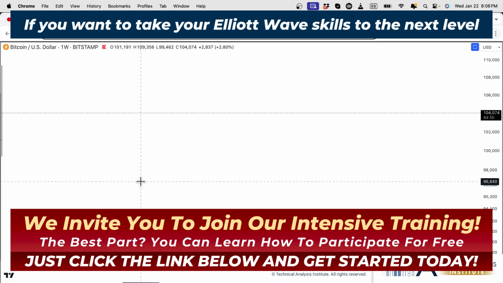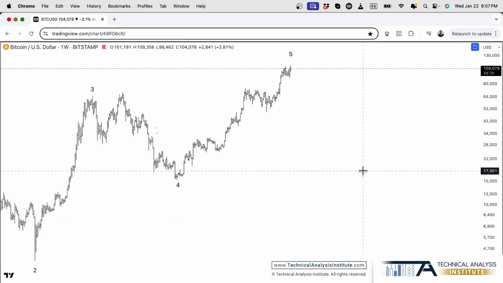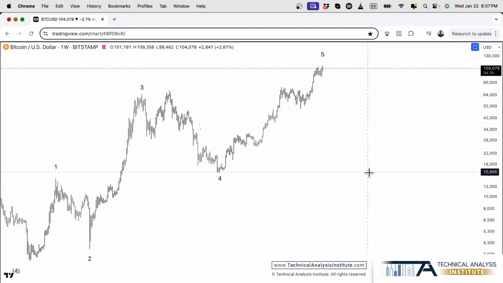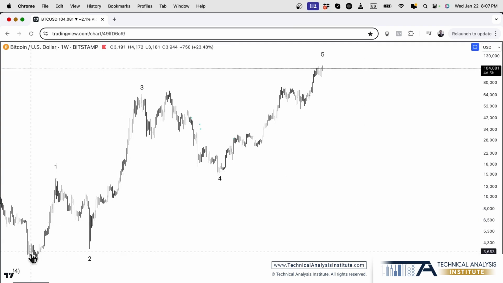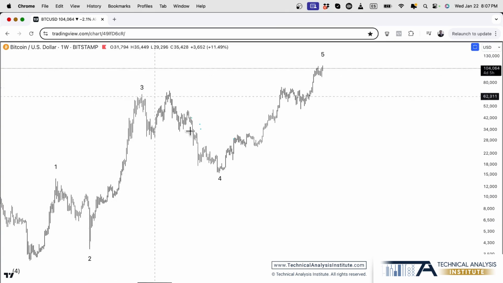They believe they can become rich overnight by buying Bitcoin and buying it fast because things are going to go to the moon. So I'm going to show you the weekly chart of Bitcoin, and I'm going to show you the clear 5 waves in that direction. You can see 1, 2, 3, 4, and 5.